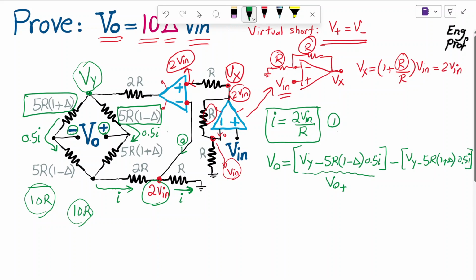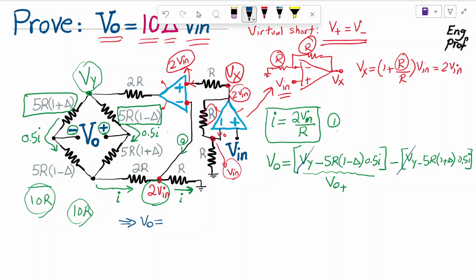That's it. Let me change the color so that we have a little more contrast here. All right, so what am I getting at? As a result, I get Vout equal to, and this Vy and Vy cancel out, so I get rid of both of them.